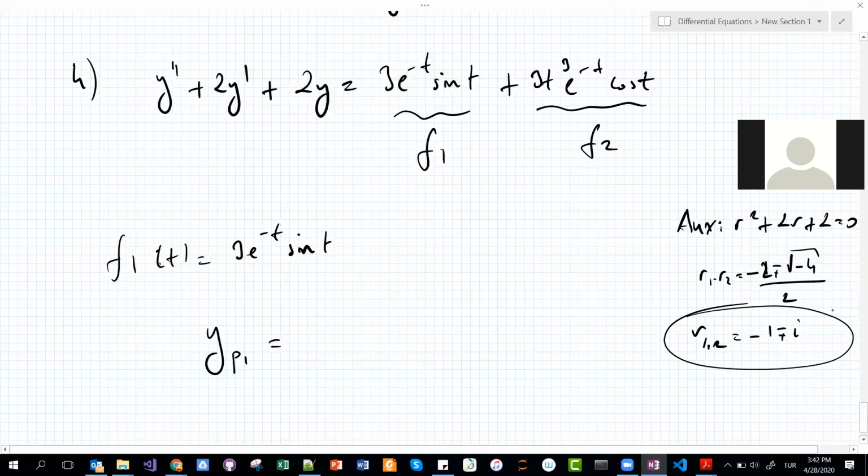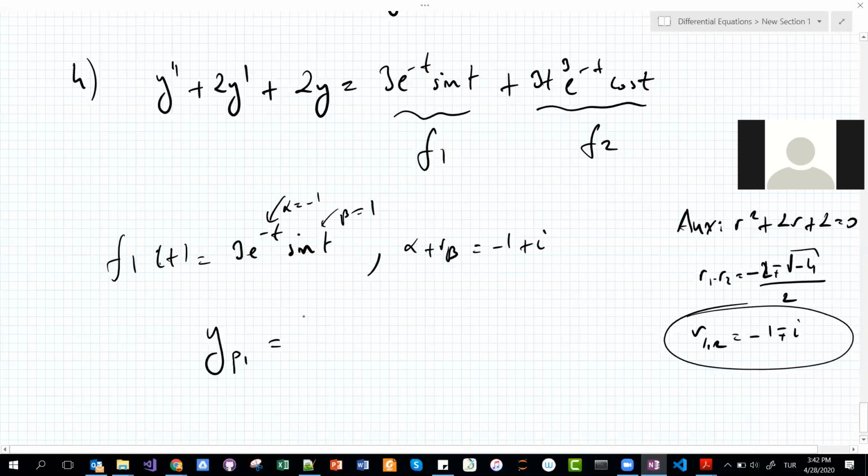If my auxiliary equation roots are -1 ± i, I need to check if I have the similar alpha plus i beta in my function. As you see, this is my alpha, which is -1, and this is my beta, which is 1. Alpha plus i beta is equal to -1 + i. As you see, it matches one of my roots.